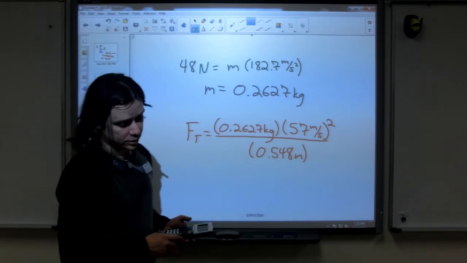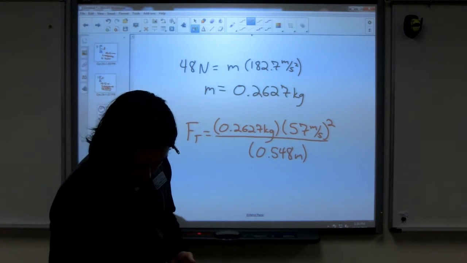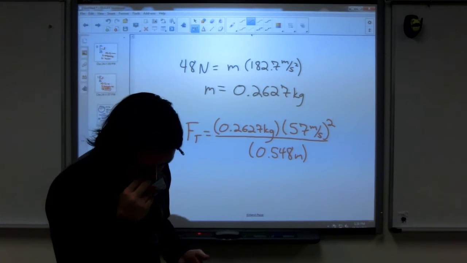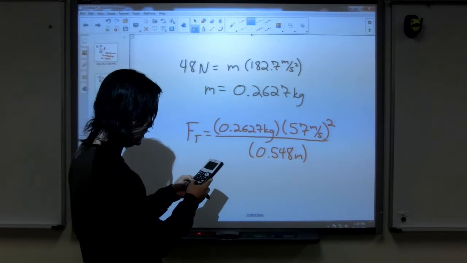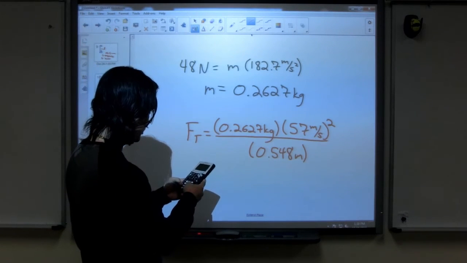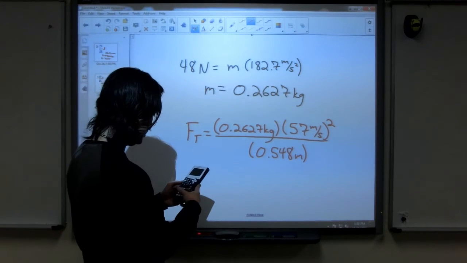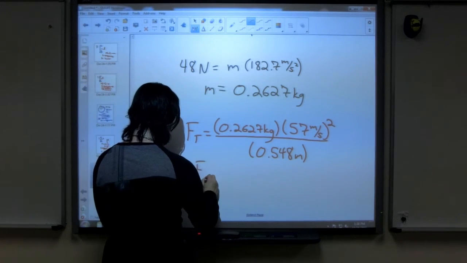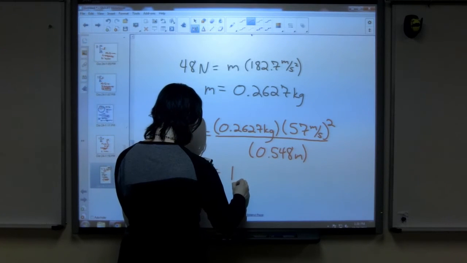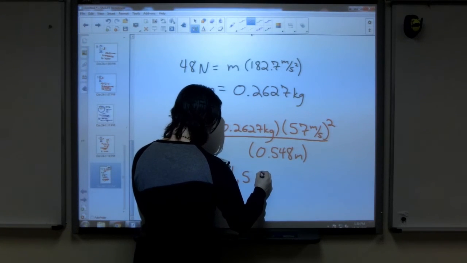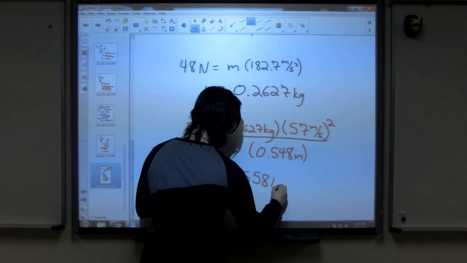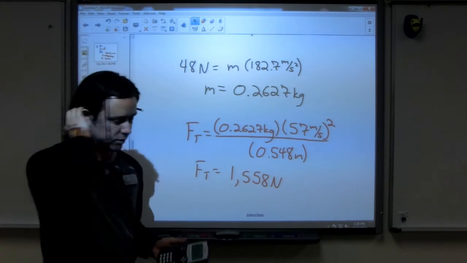Sooner or later I'm going to get used to that. Okay, so I'm going to do 57 squared times 0.2627 divided by 0.548. My force of tension with my calculations comes up to 1,558 newtons. I probably call that 1,560.